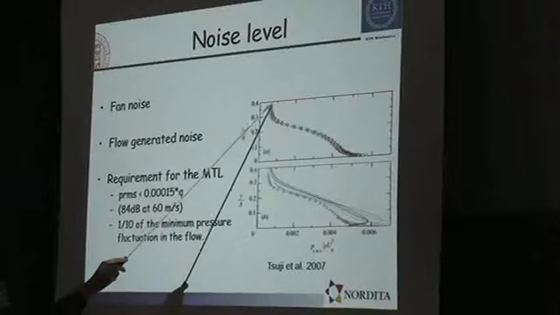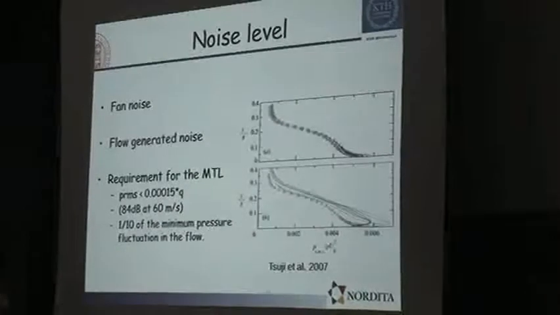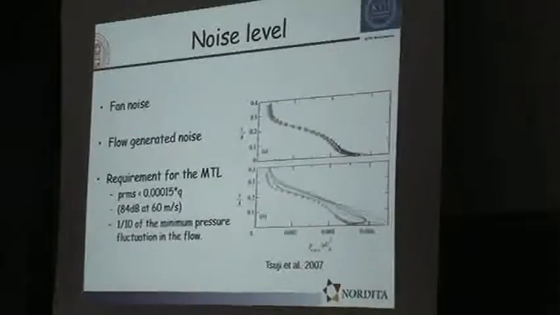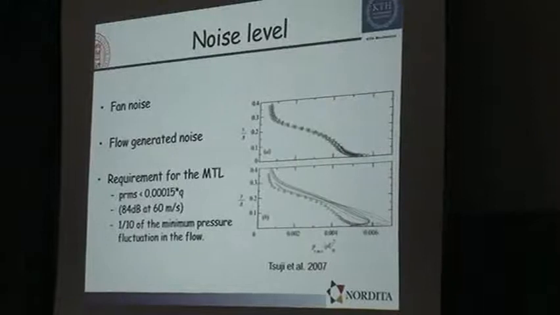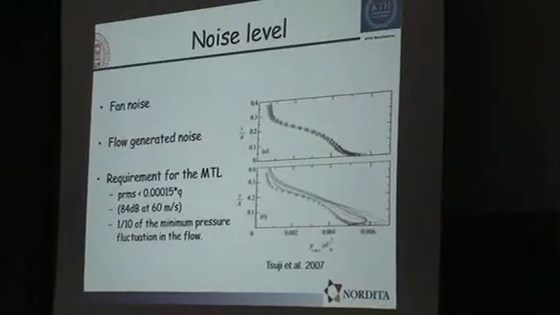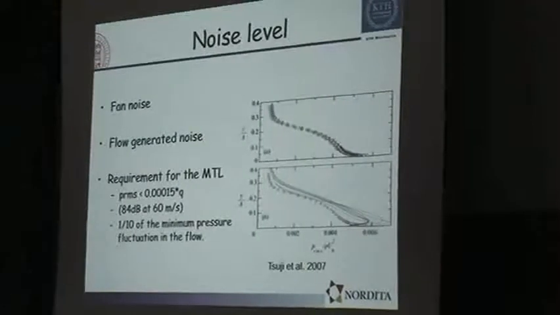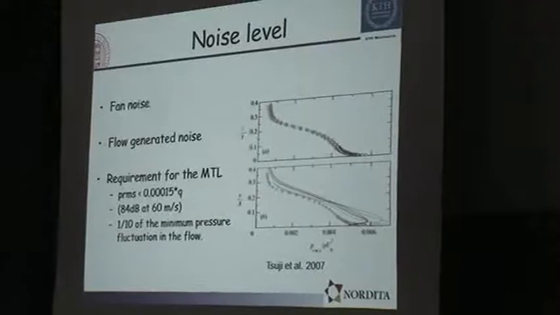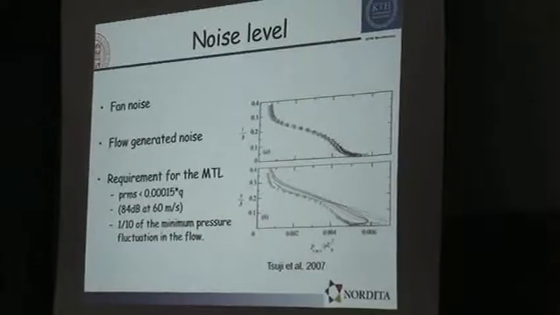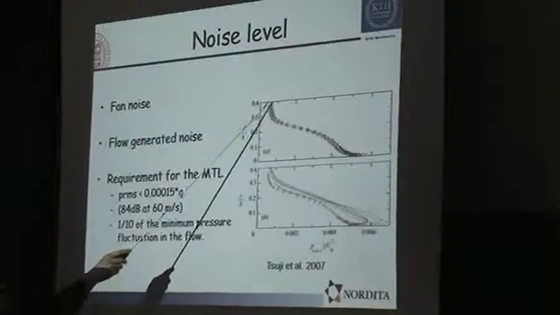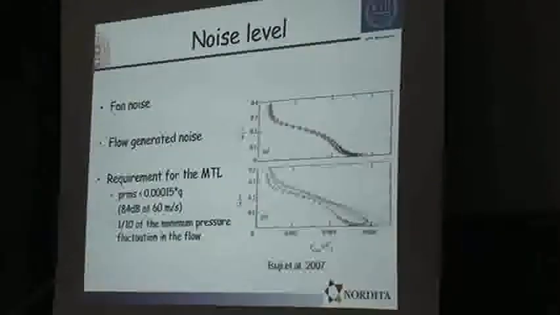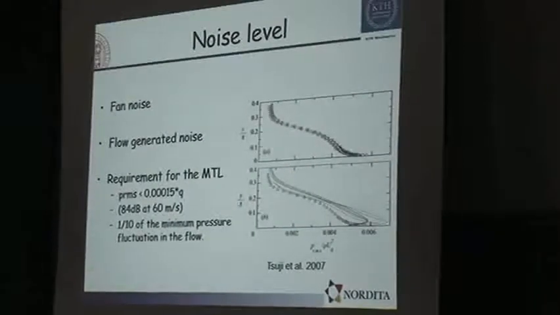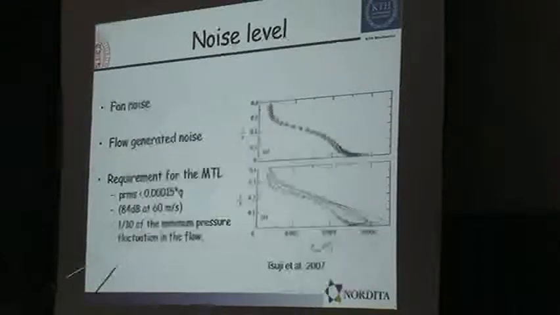If you look here at the smallest level of pressure fluctuations in the flow, this requirement corresponds to an order of magnitude lower than that. So basically you want an acoustic level an order of magnitude lower than that. And this gives, for example, in the MTL, 84 decibels, which is very low.